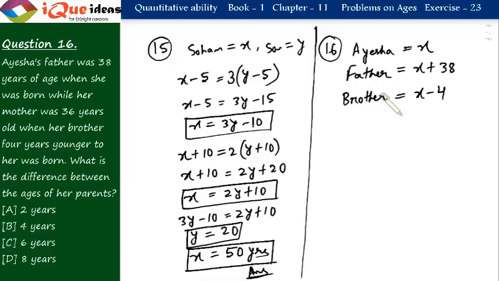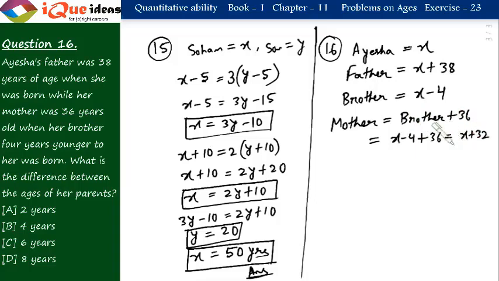Brother's present age is x minus 4. That means the mother's age, now mother and brother, the difference is 36 years. How? Brother was 0 when mother was 36. So mother would be brother's age plus 36. That is the trickiest part of this question. So we have x minus 4 plus 36 is equal to x plus 32.